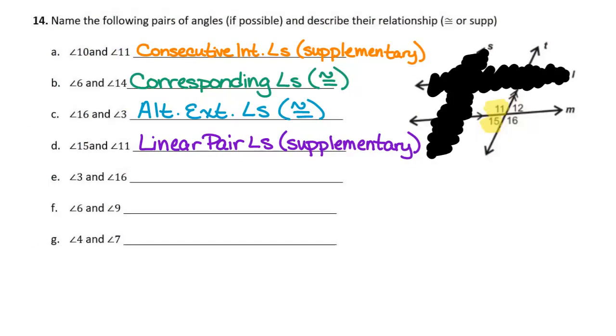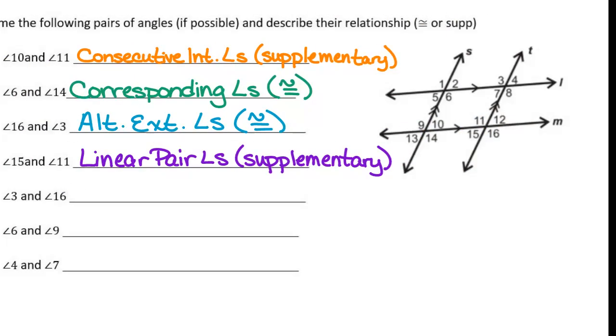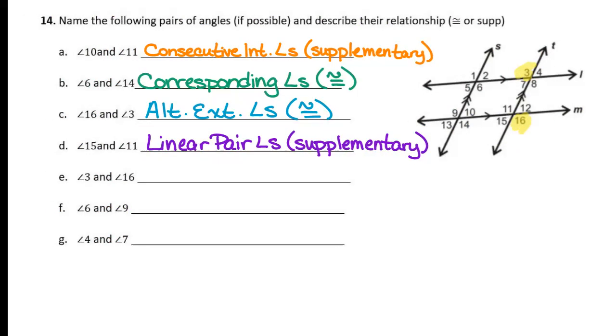All right, then we have 3 and 16. Didn't we do 3 and 16 already? Yeah, 16, 3. They just switched the order. Made it look like a different problem because they switched it around. But it is the exact same angle pair, so those are also alternate exterior angles.